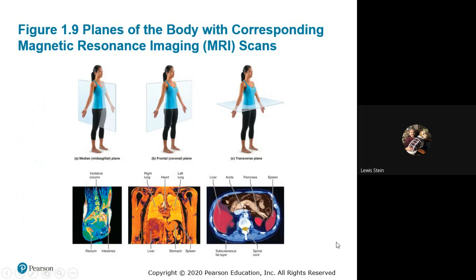Right here. This is when nowadays we do scans for everything. Within the last 2 months, I had an abdominal CT scan. I share it with everybody, so it's not news to anybody. I had bladder cancer 7 or 8 years ago that I've recovered from.